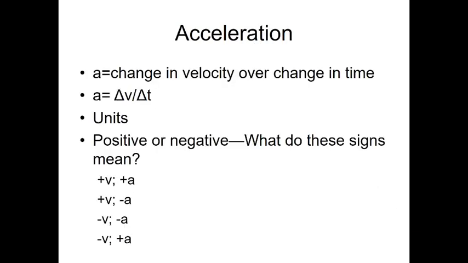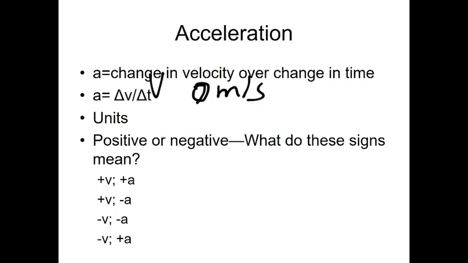All right, we've already mentioned acceleration, but let's go back over it again. An acceleration is a change in velocity over time. We can notate it as a equals delta v, change in velocity, over delta t, change in time. Let's think about the units on that for a second. Let's say we started off with a speed of 0 meters per second.